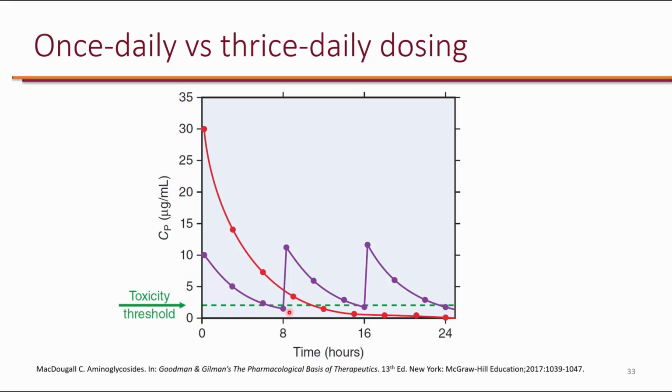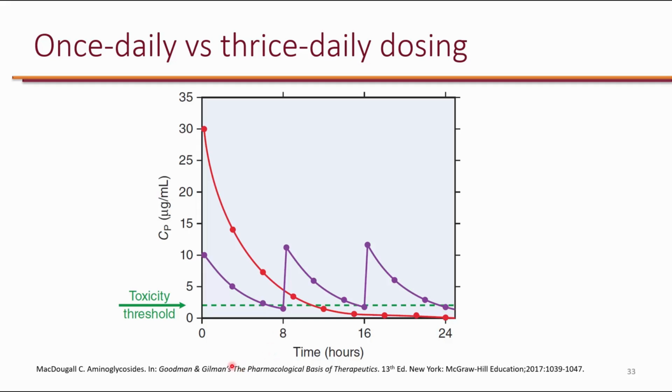So in traditional dosing every 8 hours, you're hoping that the peak was not too high and it would allow time for the trough to be less than 2. Now when you look at these purple lines, you can see that the majority of the time the levels are actually in the toxic range. So it's only a very short period of time that the kidneys get a break. So this causes an issue for safety.